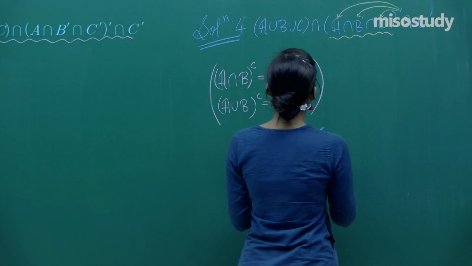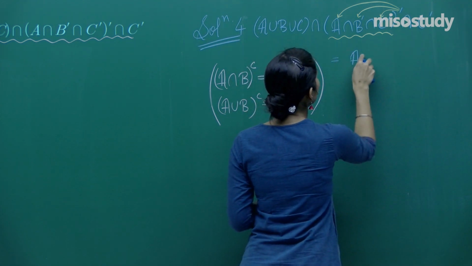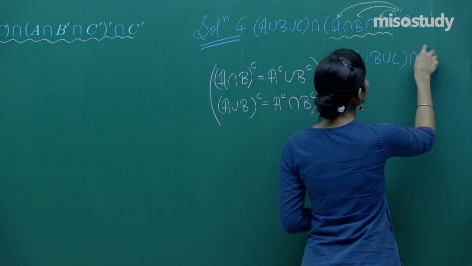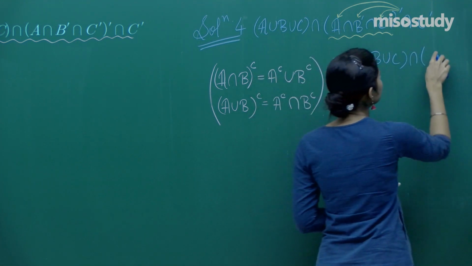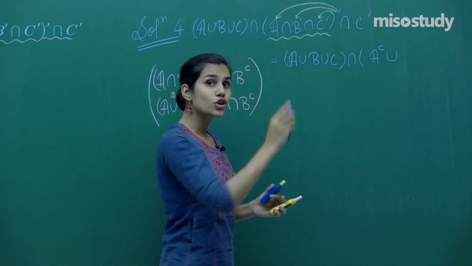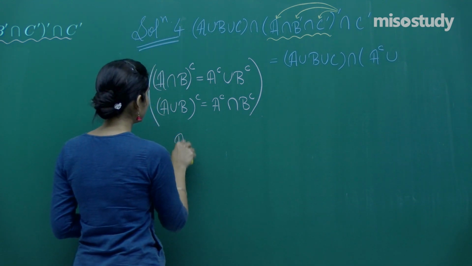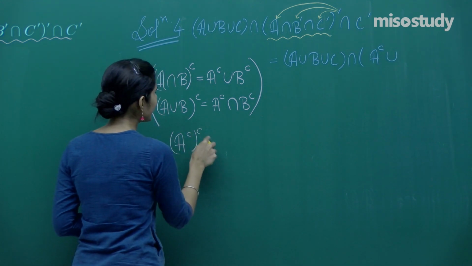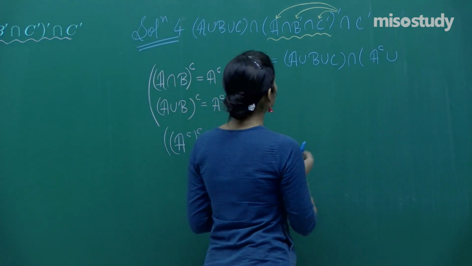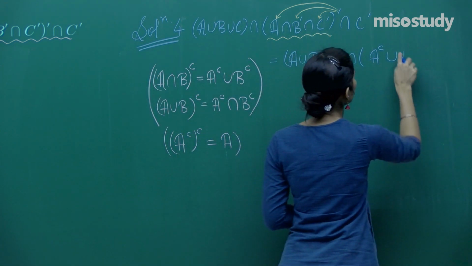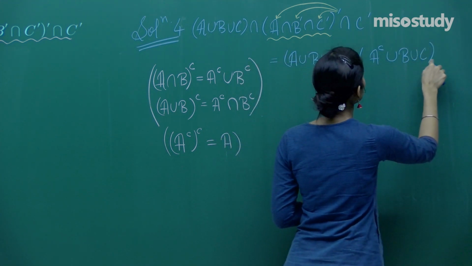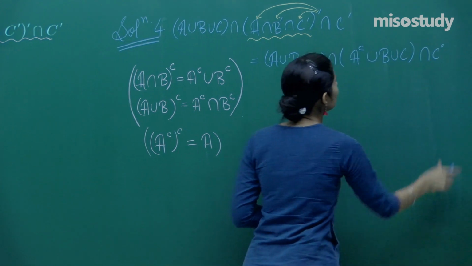And therefore, what I obtain is A union B union C intersection A complement union B complement complement, and we know that any set's complement taken twice gives you the same set. And therefore, B complement, the whole complement is B, C complement, whole complement is again C, intersection C complement.